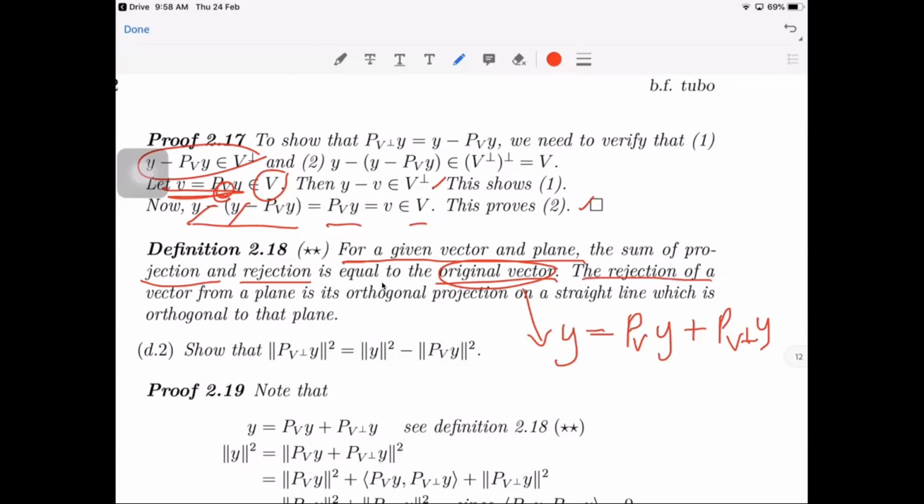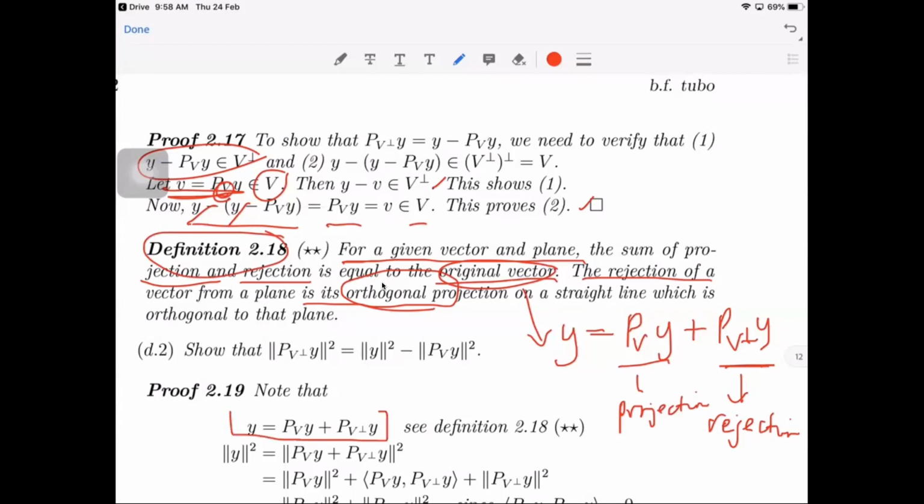The rejection of a vector from a plane is its orthogonal projection. So this is your rejection and this is your projection. The rejection of a vector from a plane is its orthogonal projection on a straight line which is orthogonal to that plane. I've given this definition so that we can use it in this proof.